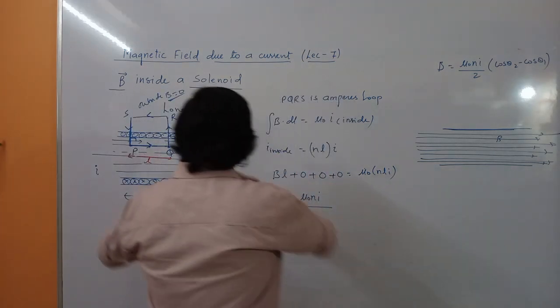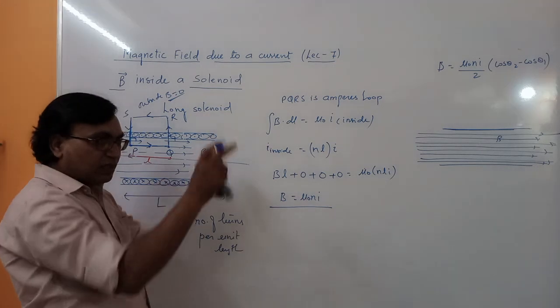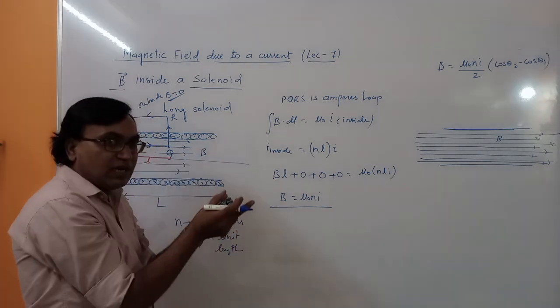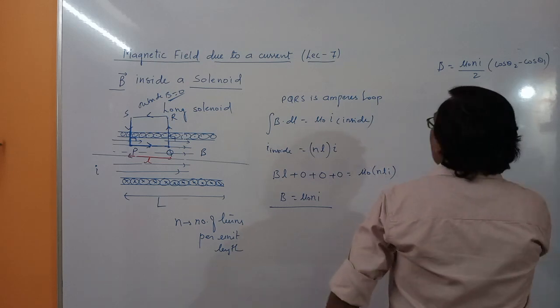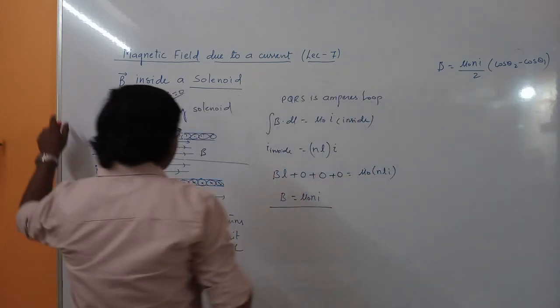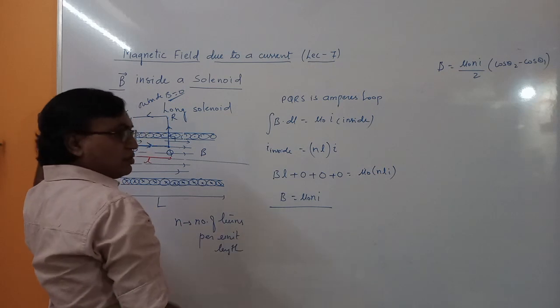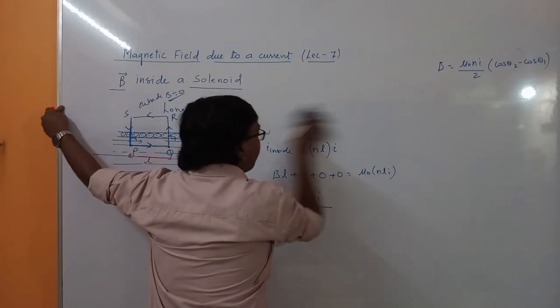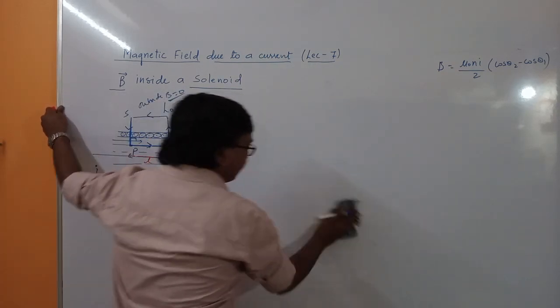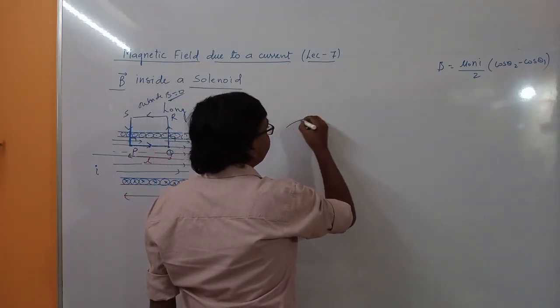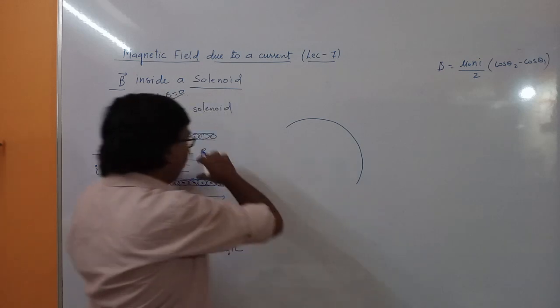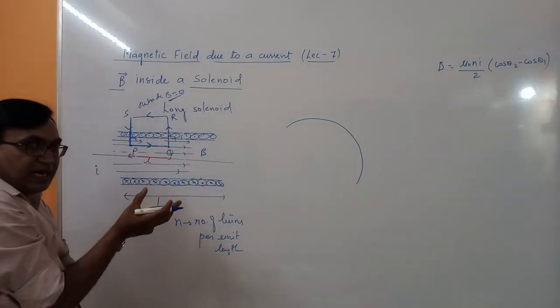So then similarly, if this solenoid is made into a circular shape, then you will have a toroid. So magnetic field inside a toroid. So I will remove this. Magnetic field inside a toroid. So let us take the same solenoid when two ends are attached.